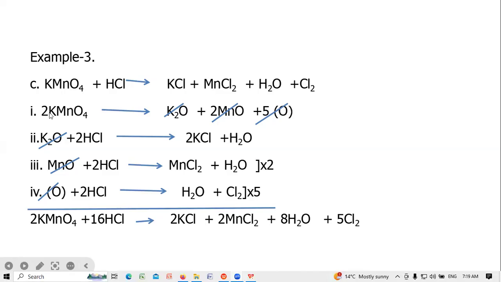You add the 2 potassium permanganate, 5 into 2 gives 10 hydrochloric acid, plus 6 gives 16 hydrochloric acid. This gives 2 potassium chloride, 2 manganese chloride, 8 water molecules, and 5 chlorine. This is the balanced equation.